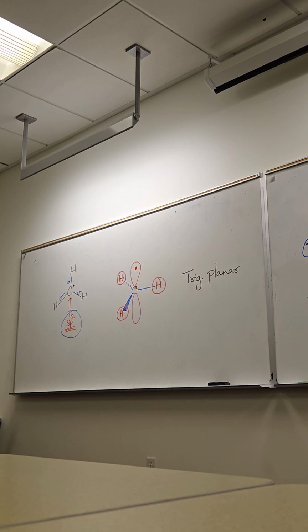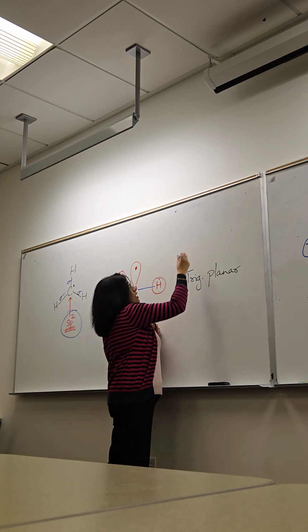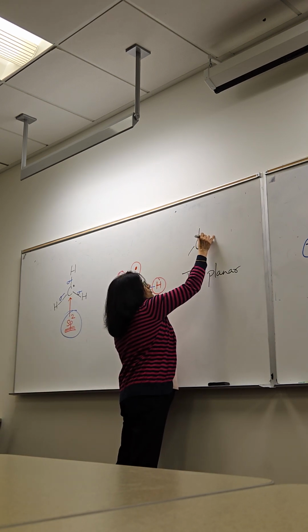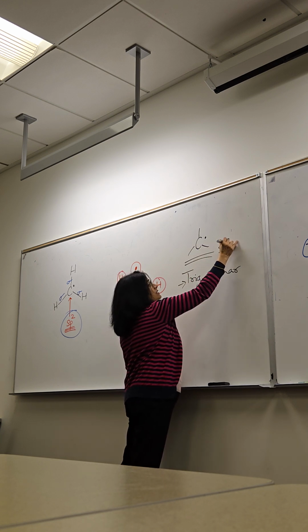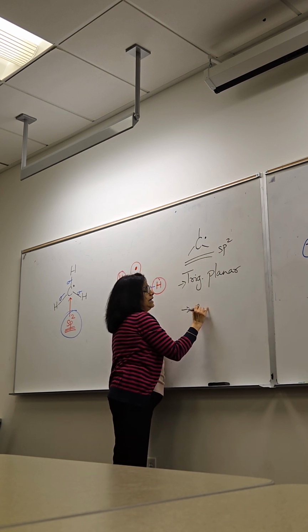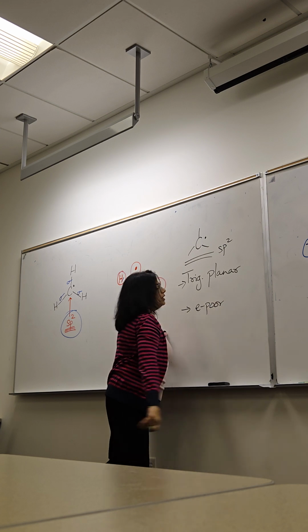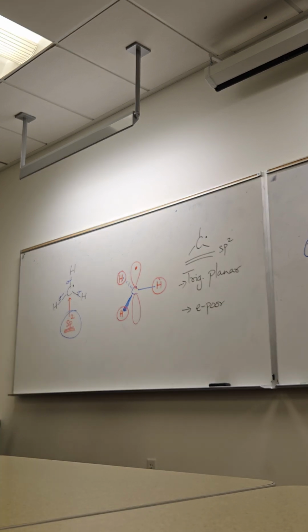Octet rule. It doesn't have an octet. It's 1 electron short. Everybody agrees? So a carbon free radical is trigonal planar. The carbon is sp2 hybridized, and it's electron poor. What do we call those entities that are electron poor?